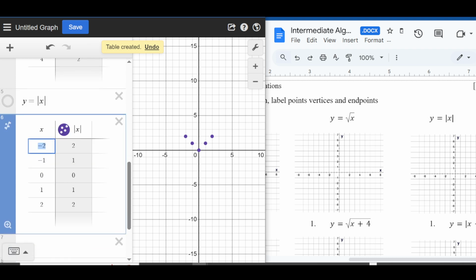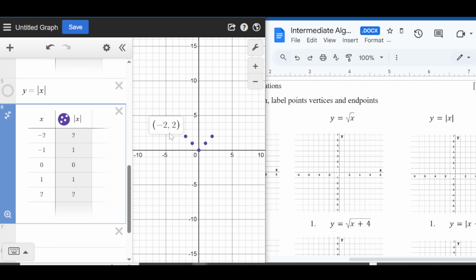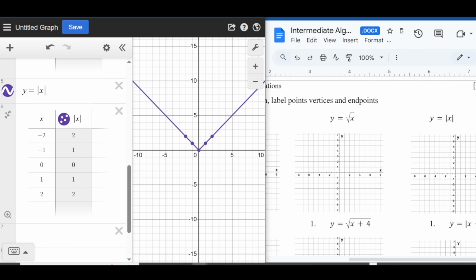Now we get to use negative numbers because the absolute value of -2 is 2, the absolute value of -1 is 1, absolute value of 0 is 0, absolute value of 1 is 1, 2 is 2. And these are your points. There's the -2, 2, the -1, 1, 0, 0, there's the 1, 1, and there is the 2, 2. So you see the pattern that it makes. Let's fill in the rest of it. And there we go. We get a nice little V shape here.